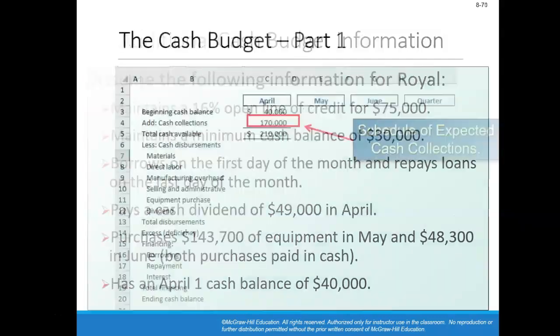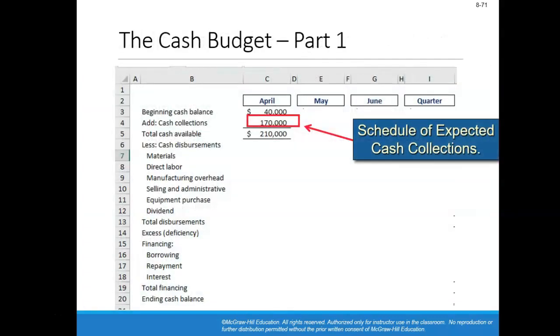So you ready? Let's do this. We begin with the month of April. Remember that for the month of April, we begin with $40,000. We expect to collect in the month of April $170,000. That's coming from our schedule of expected cash collections that we did previously.